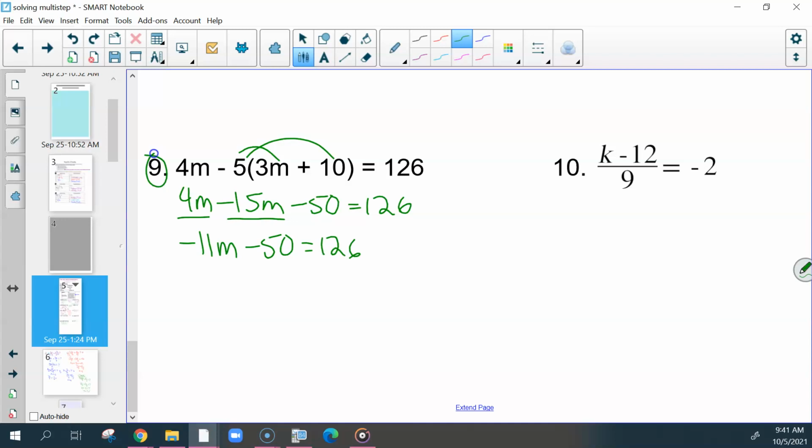So now we're trying to get m by itself. We're going to get rid of 50 by adding it to the other side, and then dividing both sides by negative 11.